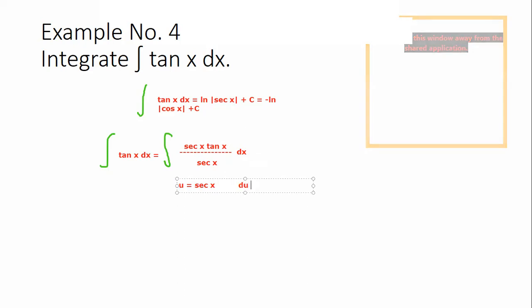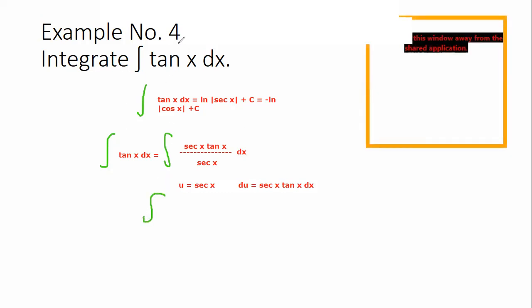If we let u equal secant x, its derivative is secant x tangent x, which is your numerator. We remember that the integral of du over u is just ln of u plus c.